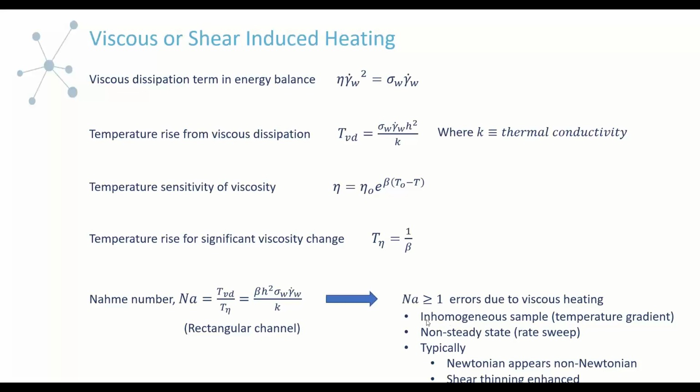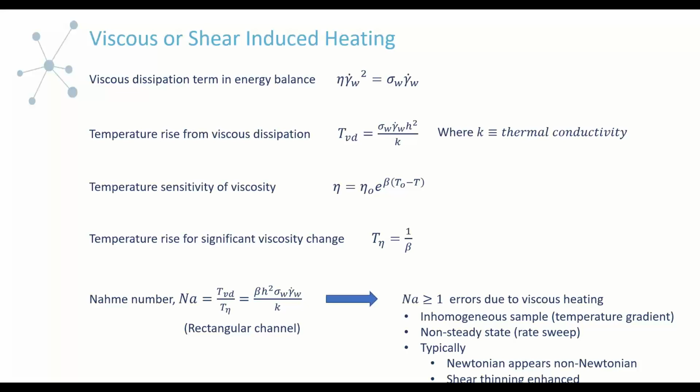And in this case, what's happening is we're creating an inhomogeneous sample because we're having temperature gradients in the flow field. So we're still going to have something close to the correct temperature near the wall because of the energy transport near the wall. But in the internal section of the channel, we're going to see greater variations.